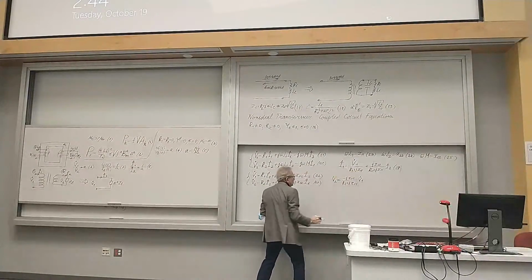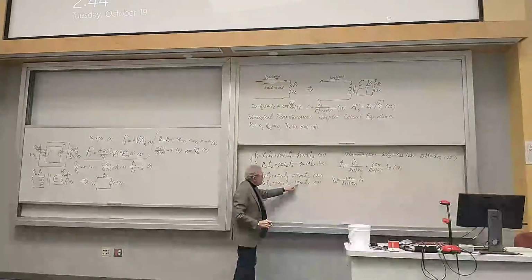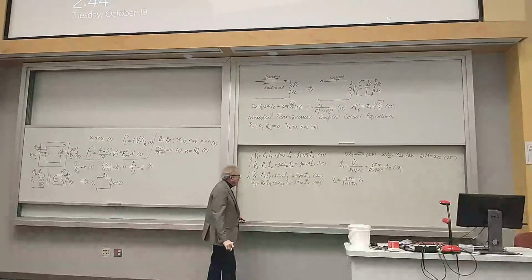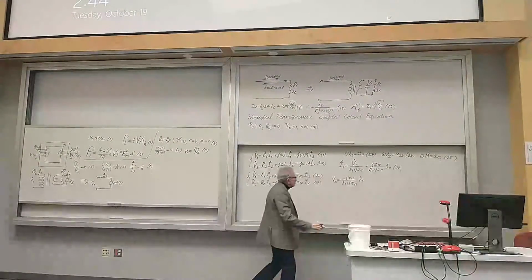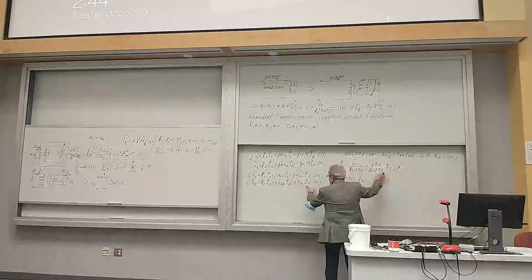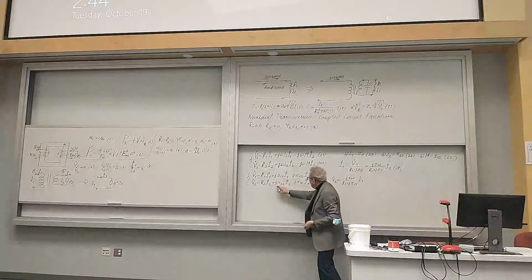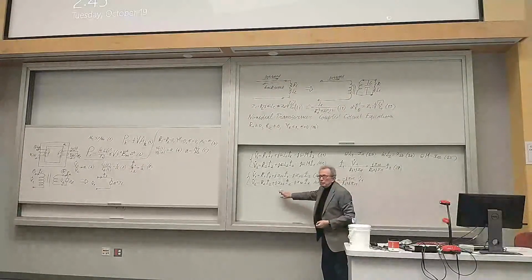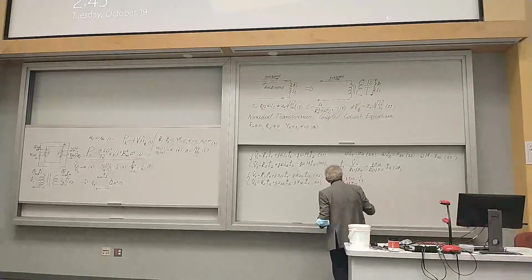So if I substitute this first term, I have to multiply by this. And then I have to substitute this term also. And then all will depend on I sub 2. So I sub 2 can be factored out.